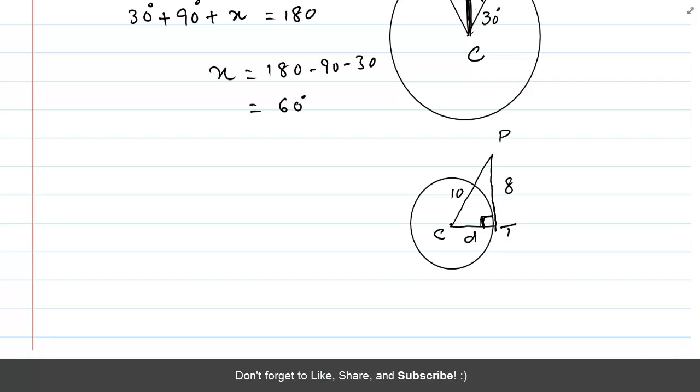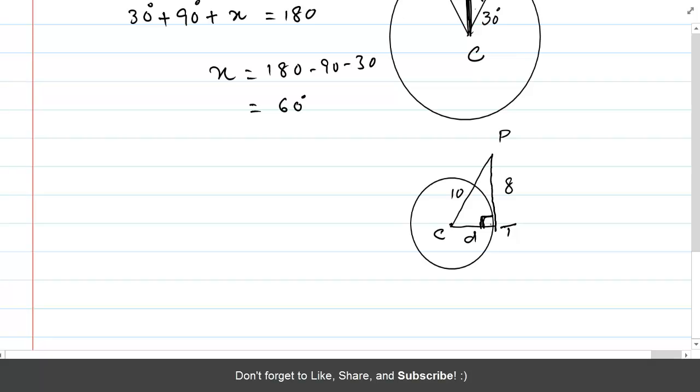But because PT is a tangent and CT is a radius, and this property says that the tangent is always perpendicular to the radius at the point of tangency, we know for sure that this angle is 90 degrees.